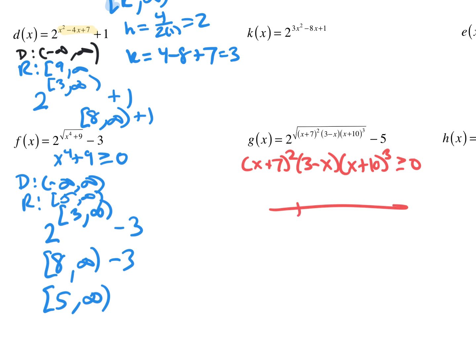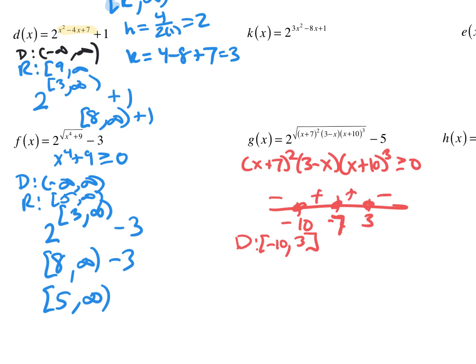I've got negative 10, negative 7, and 3. Then this will be minus, plus, not changing sign across negative 7 because it's squared. So my domain here will be negative 10 to 3.